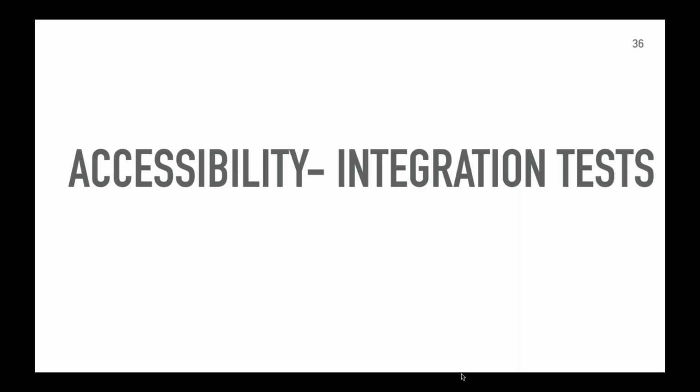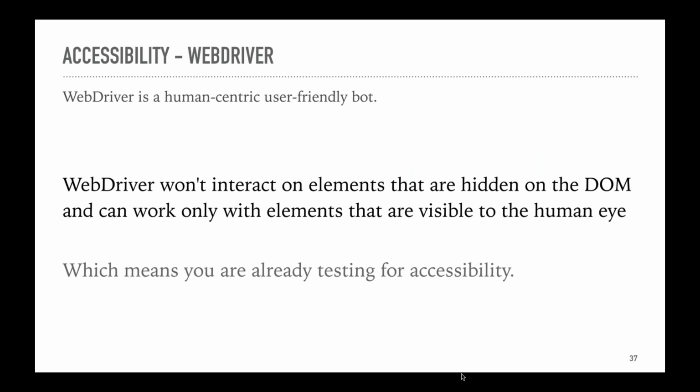The slides you see now will be talking about integration tests, which is where automated tests with WebDriver come into the picture. I also included some examples for unit tests, where you can ask the developers to include those plugins and tools in their development workflow, and we can stop some of the accessibility flaws right away. Let's go and see accessibility with WebDriver.